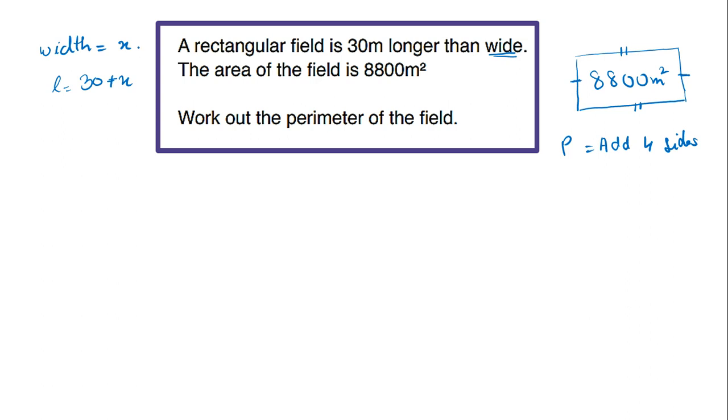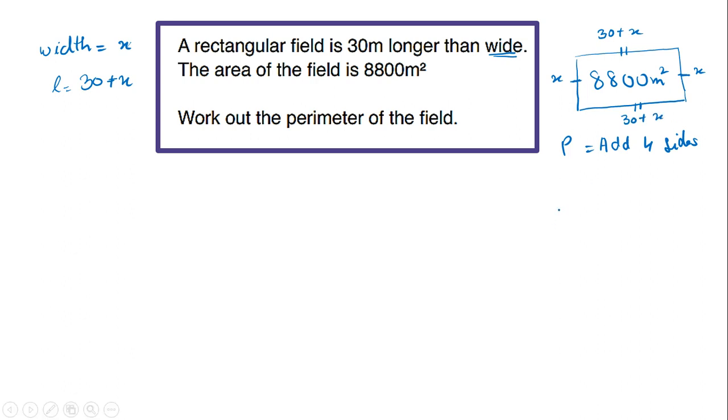The width is unknown to me. If I take the unknown as x, then the only information I have available for the length is that it's 30 meters longer, which means it is 30 plus x. So let's say this is my length, which is 30 plus x, and this is my width, that is x. So obviously this side is also x, and this side is also 30 plus x, right?